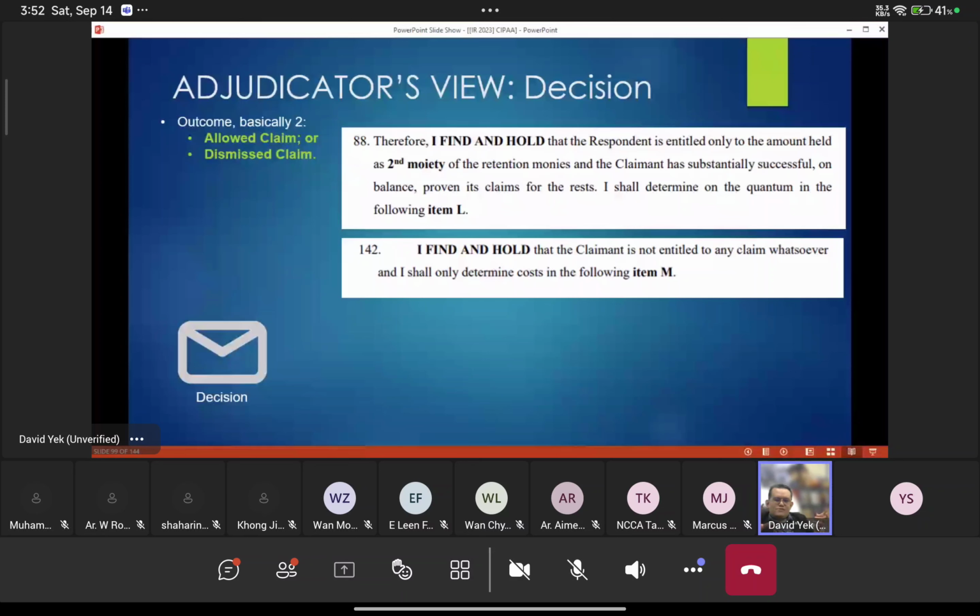You can look at the amount. The amount may be 100%, but you may say, oh no, he is only entitled to 50%. Things like that. So the first example is where the respondent is successful. The second example shown here is where the claimant is unsuccessful. I hold that the claimant is not entitled to any claim whatsoever. So this is the outcome.